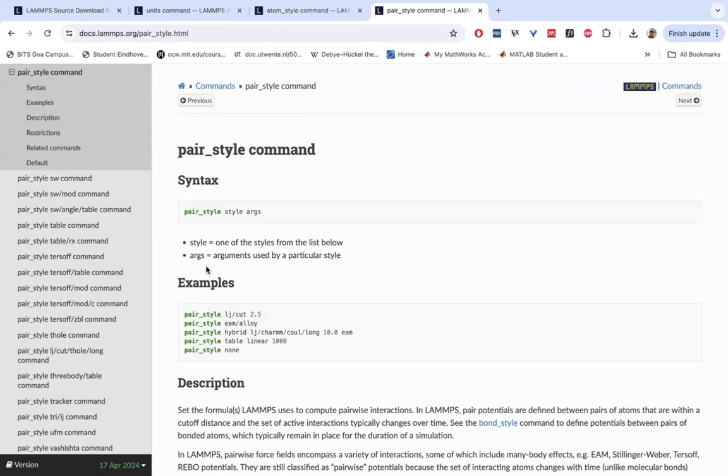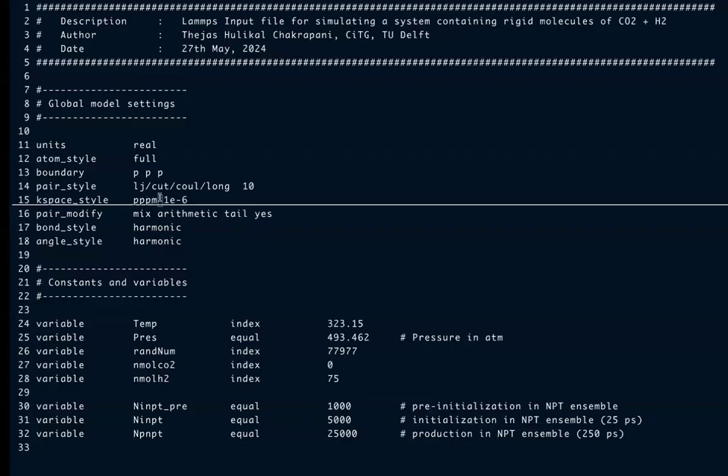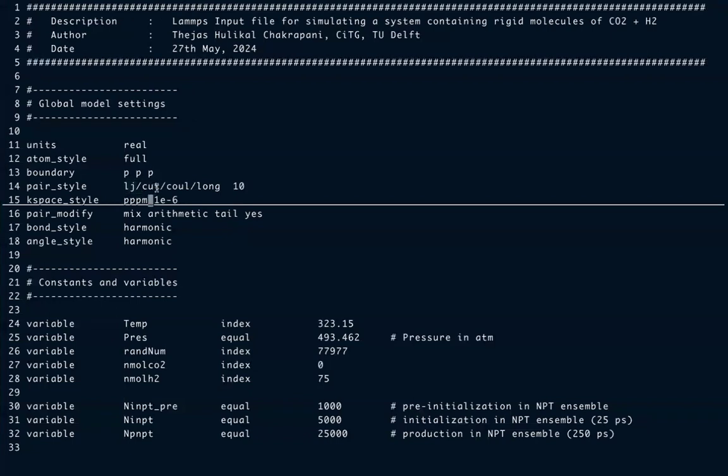So that's the reason I've also chosen Coulomb long in addition to the Lennard-Jones with the cutoff.